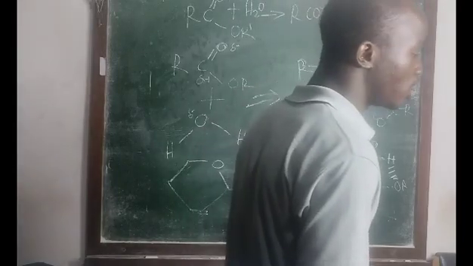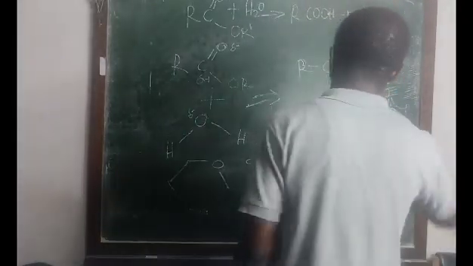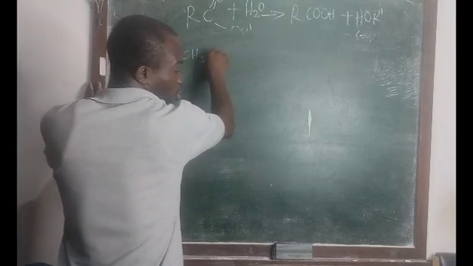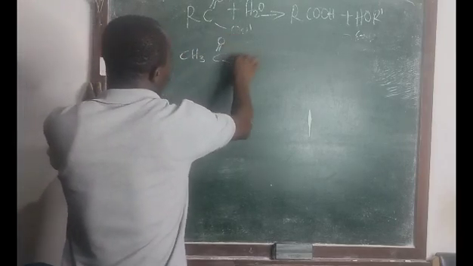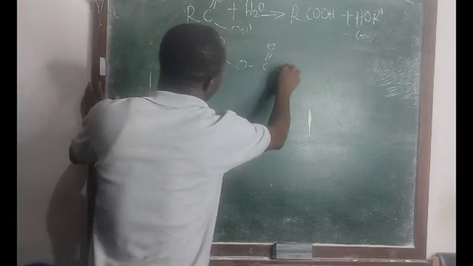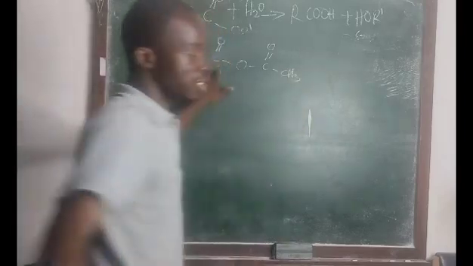An example is the hydrolysis of acetic anhydride. Acetic anhydride is CH3, C double bond O, then O, C double bond O, and CH3. This is acetic anhydride.